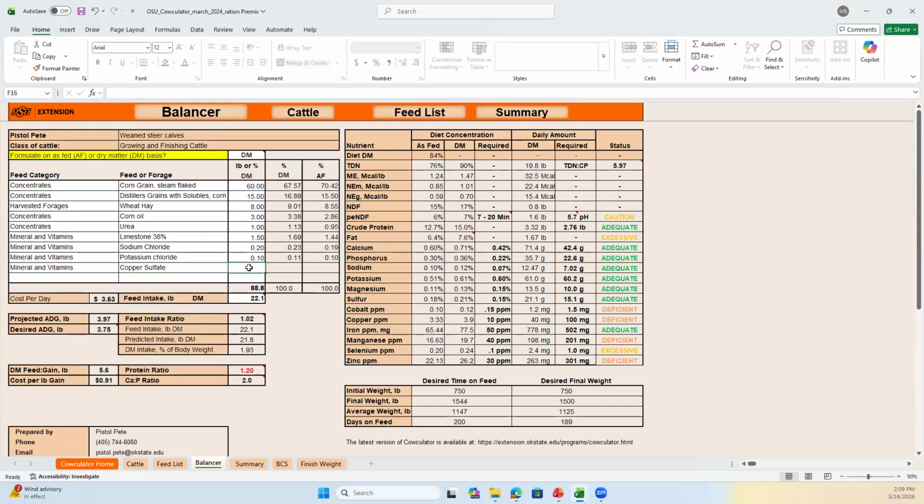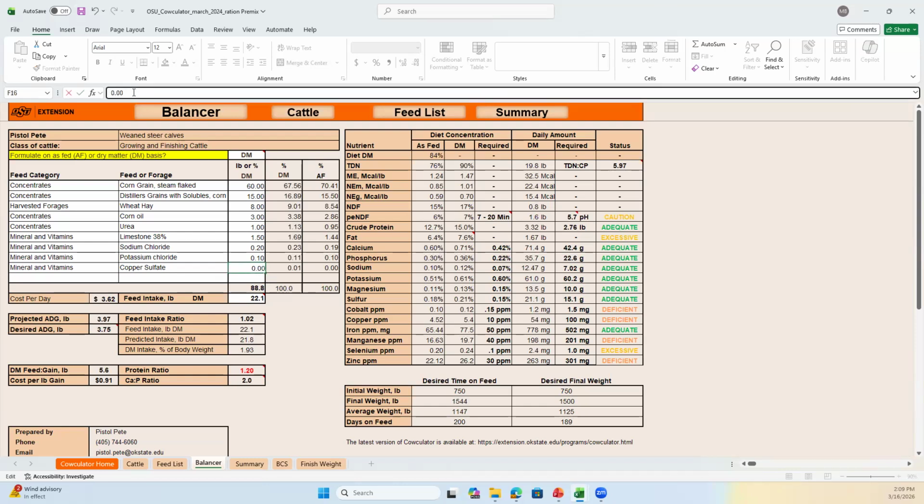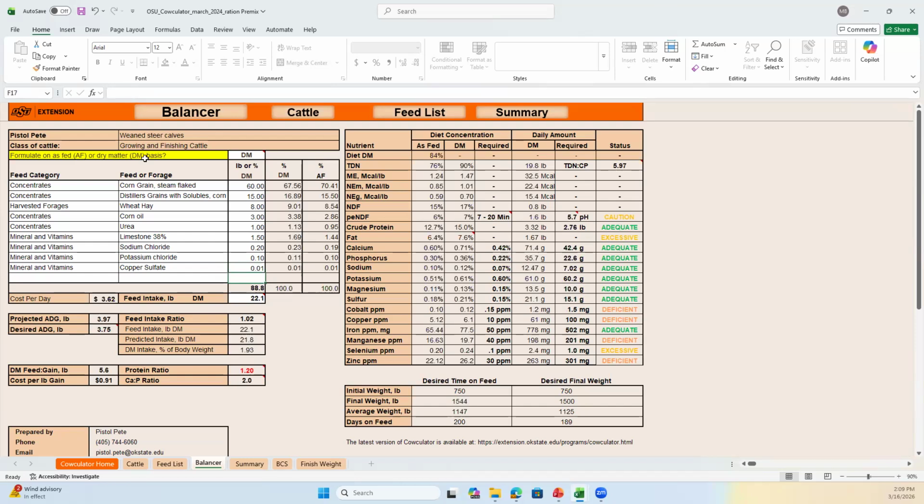Copper sulfate. Okay, copper sulfate, we need to bring in 7 ppm. So that's a part per million. So I'm going to always start out with 0.005. Just a little deficient. So let's bump that up to 7.5.